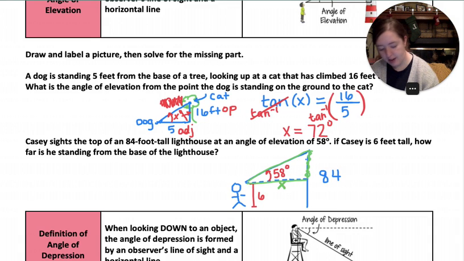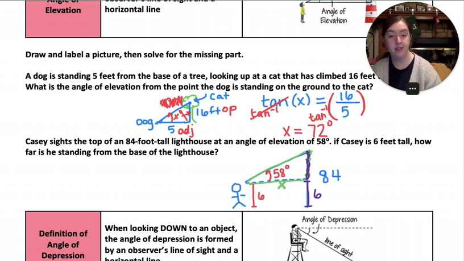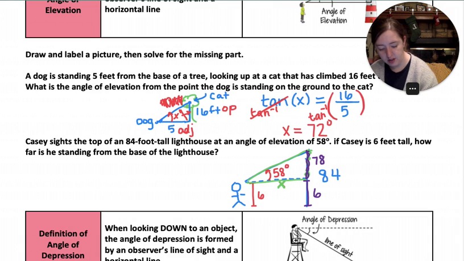We need to figure out how long, here we go, is this purple part. Well, we know this piece right here, obviously not to scale, is going to be 6, right? So if we take 84 minus 6, we'll end up with 78 for this length right here.